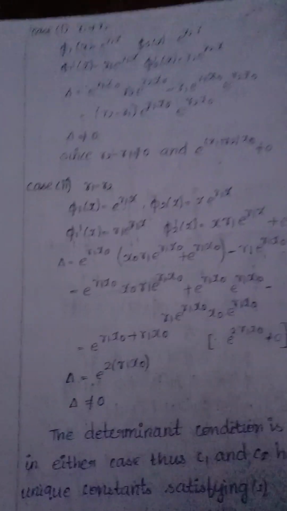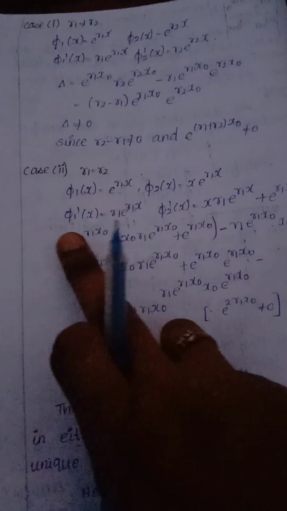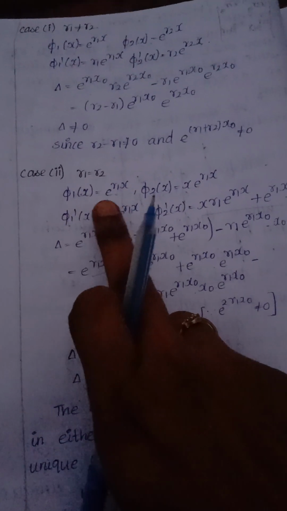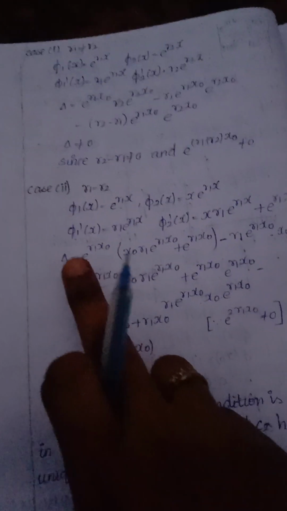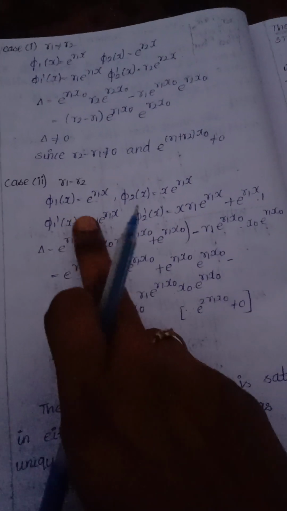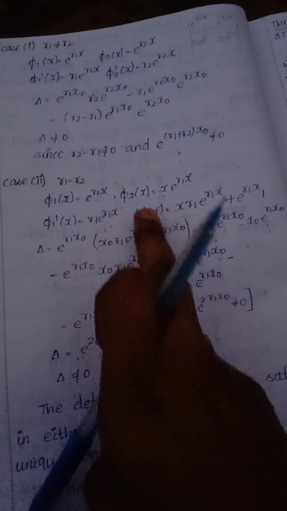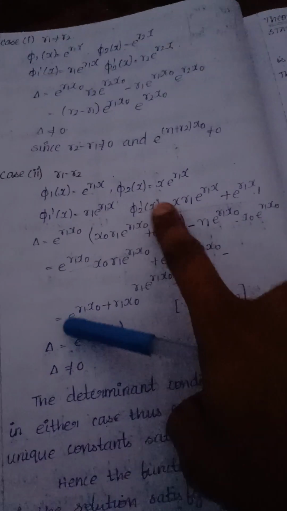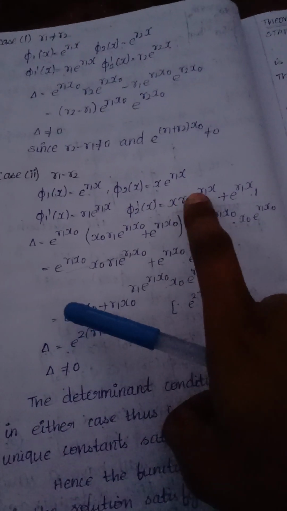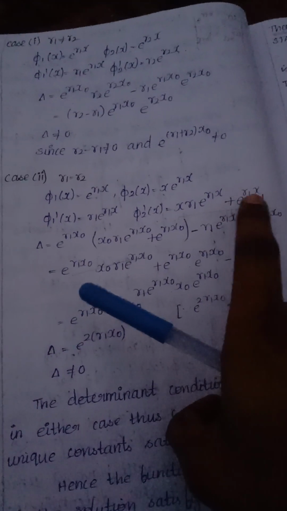For that, the next condition is r1 equal to r2. So phi 1 of x equal to e power r1x, phi 2 of x equal to x into e power r1x. So phi dash of x, if we differentiate, means r1 e power r1x. Phi 2 of x, if we differentiate, is in the form of uv format, u v dash plus v u dash: u into v dash is r1 e power r1x, plus v u dash, meaning e power r1x into the derivative of x, which is 1.